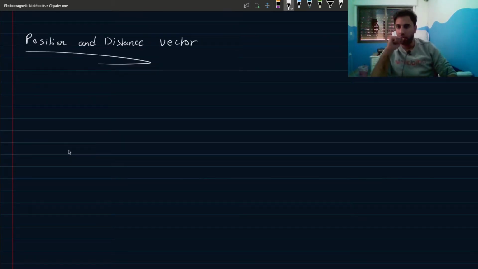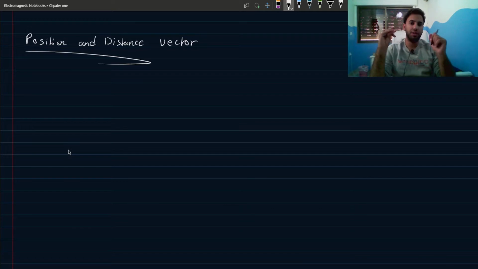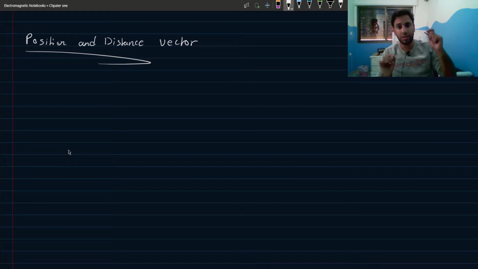So we have this thing called position and distance vector. A position vector says we have a point in space. There will be a vector that links that point with the origin, and this vector will tell us the position of that point in space, hence the name position vector.